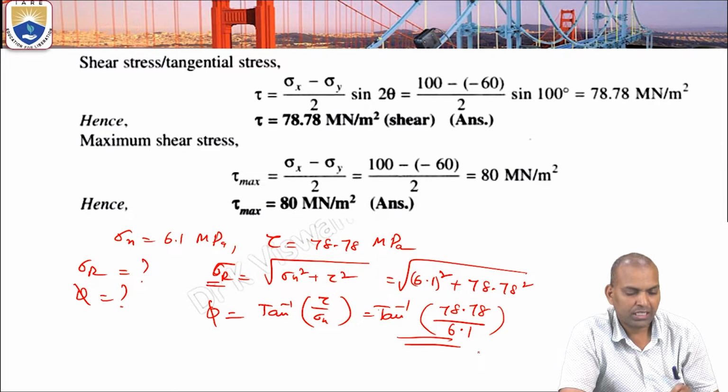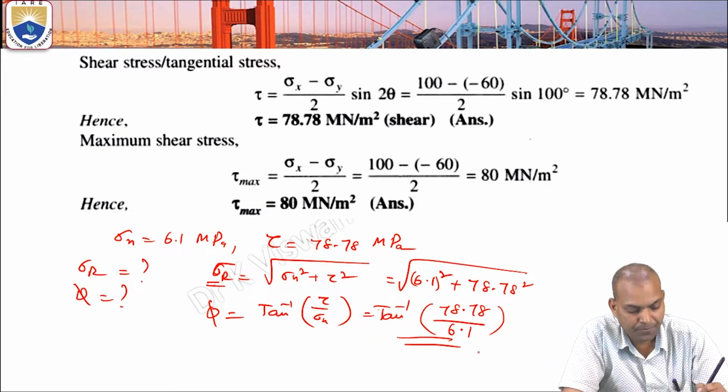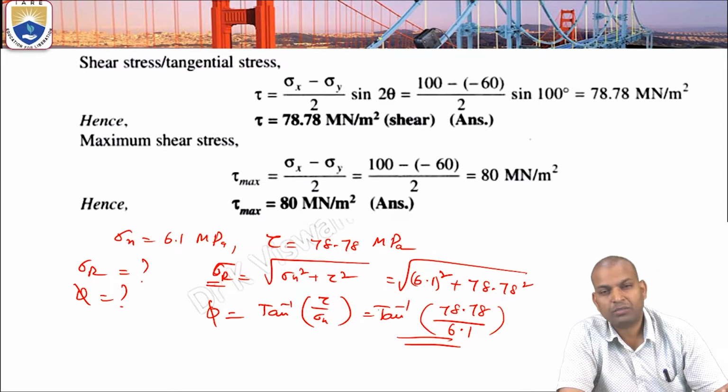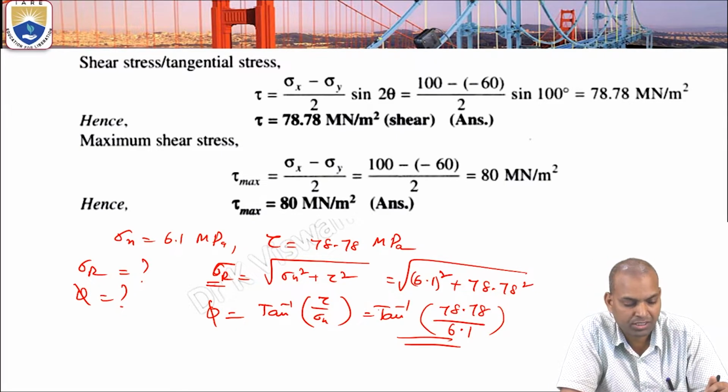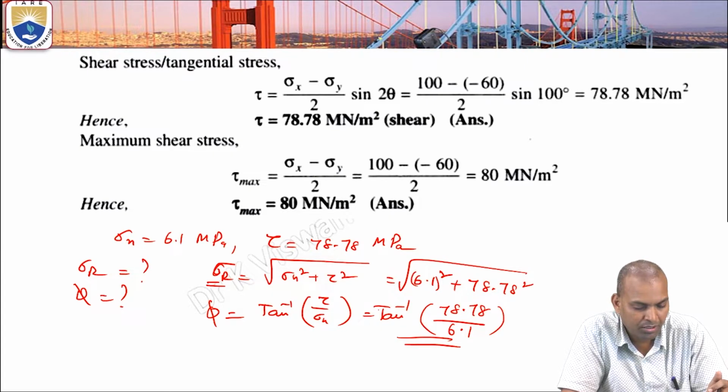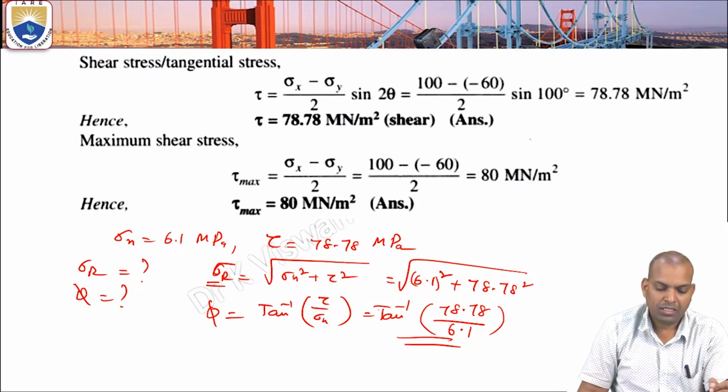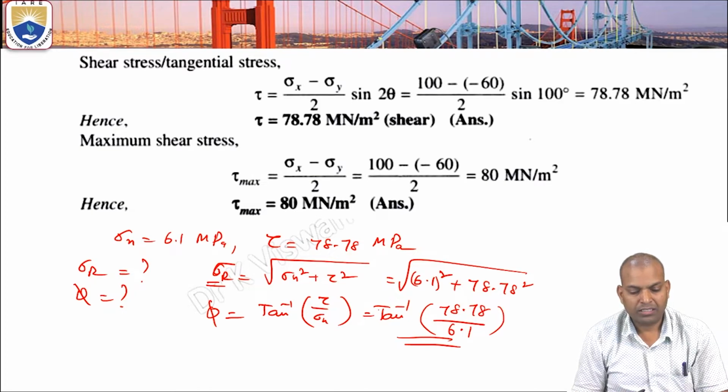So this value gives the angle of obliquity, and sigma r gives the resultant of the normal stress sigma n and the tangential, shear stress. These are the objectives we calculated in this problem.